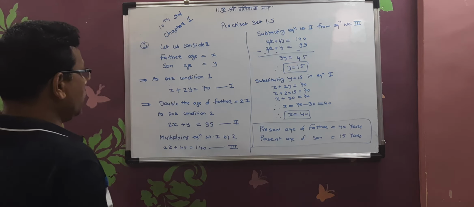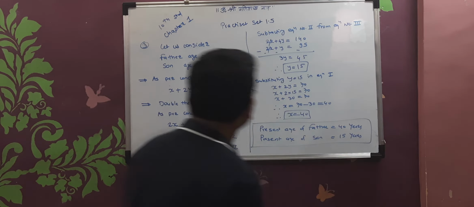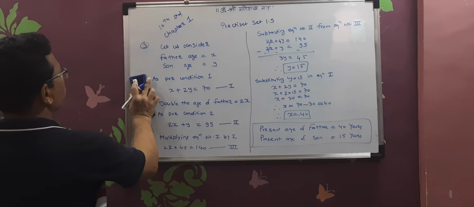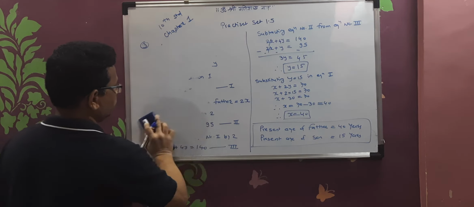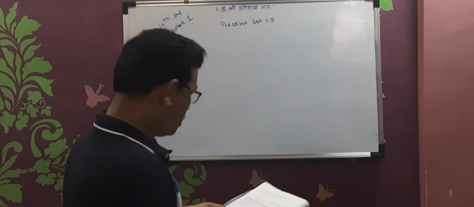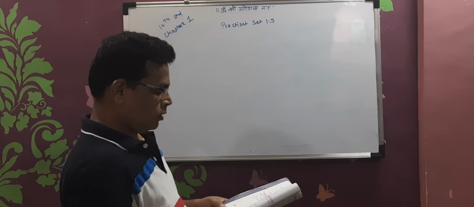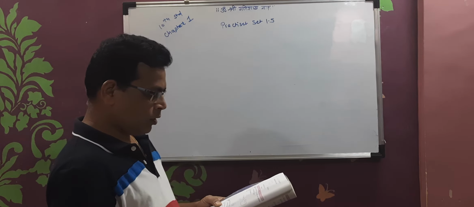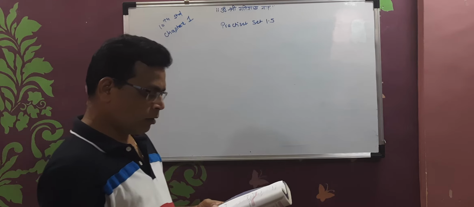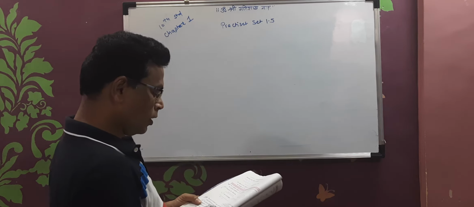Now we will go for the next problem, that is problem number 4. Now we will continue with problem number 4. The problem number 4 is the denominator of a fraction is 4 more than twice its numerator.